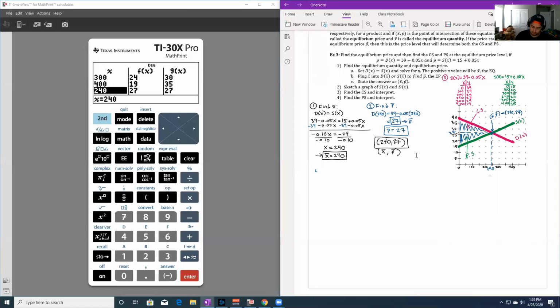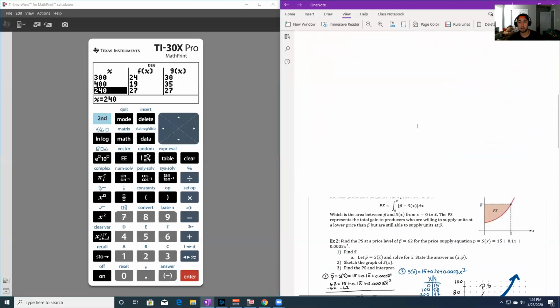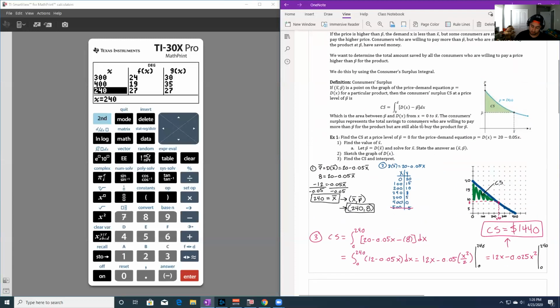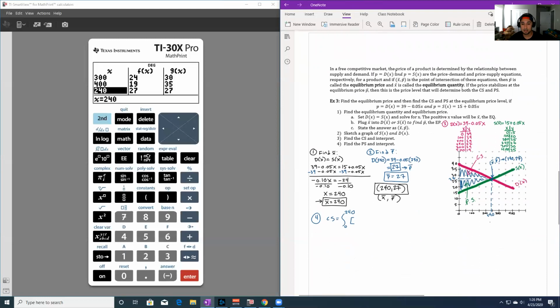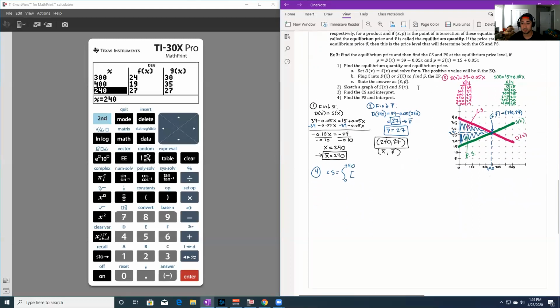Consumer surplus is going to be the integral from 0 to x bar, which is 240. And if you forgot the consumer surplus integral like I did, it's going to be d of x minus p bar. So d of x is 39 minus 0.05x, minus p bar, which is 27, dx.